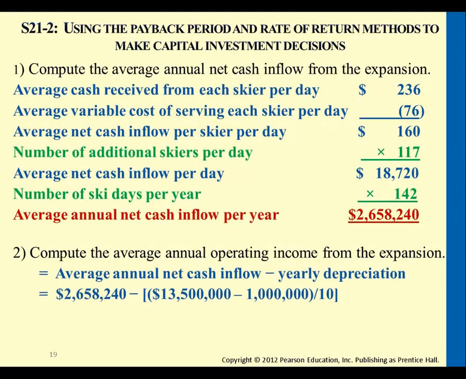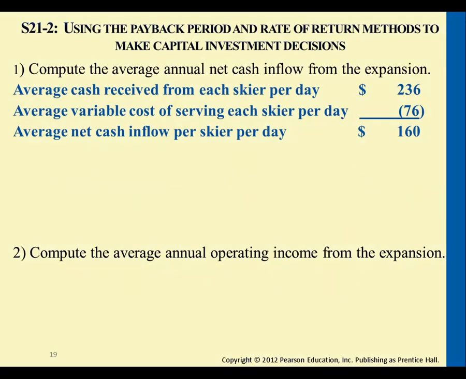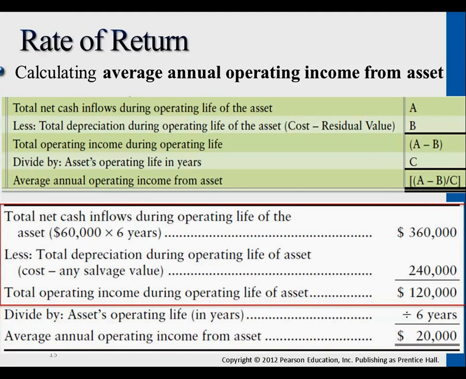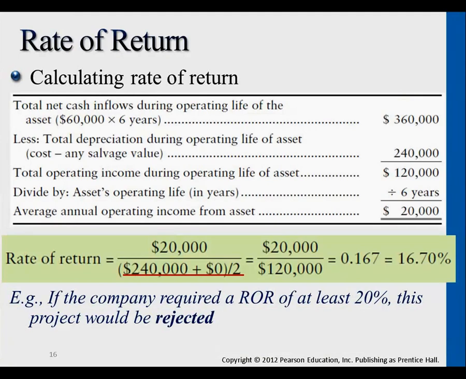I have a question. Yeah. You go back one slide. Uh-huh. Yeah. I think I see what's the deal here. You took the cash inflows and life. But we're calculating here our average annual operating income. Right? So do you see what I'm doing here? Total net cash inflow during operating life of the asset. Subtract total depreciation during operating life of the asset.